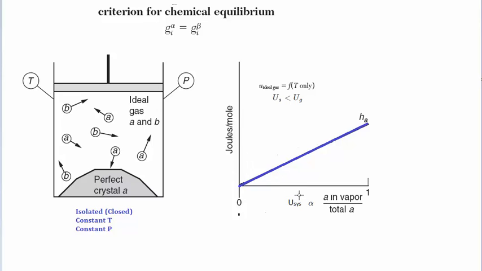And again, really understand what we're saying here is that as you vaporize, as you convert this crystal from a solid to a vapor, you will linearly increase the internal energy of the system, because the only thing that matters in the internal energy is the temperature of the gas. For the system, it's the conversion from one phase of low internal energy to a higher internal energy phase, so from solid to gas.